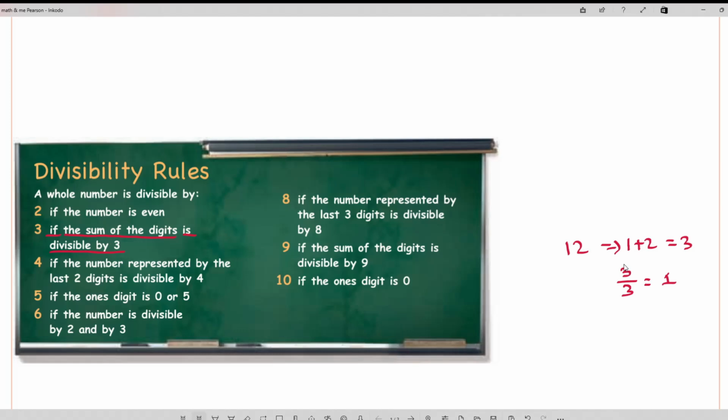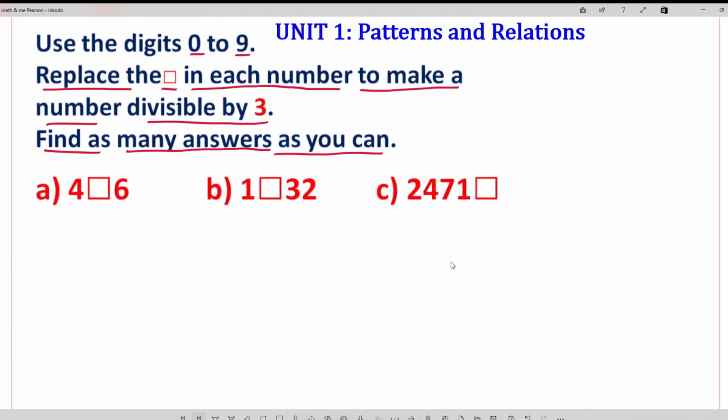So 3 can be divided by 3, that's why 12 also can be divided by 3. Another example, 18, we can write 1 plus 8, it means 9. 9 is divisible by 3, so 18 is divisible by 3. If we know this, we can solve the problem in a very easy way.